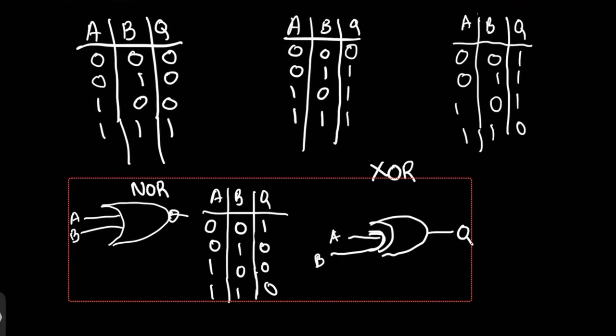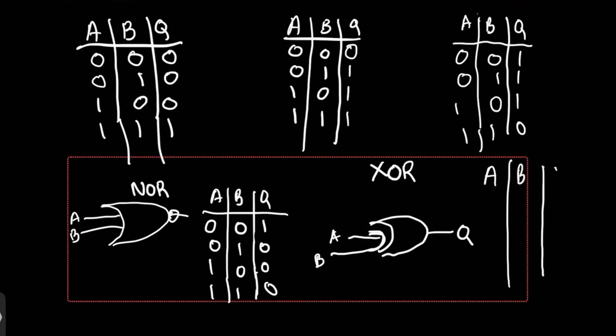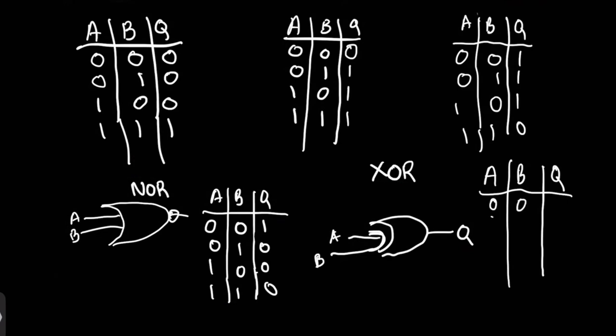Okay, so XOR stands for exclusively OR. What that means is the truth table is the exact same as an OR, except it can only be one of the two. Okay, so I'll show you what that looks like. An XOR gate. I'm going to redraw this because it was a bad drawing.